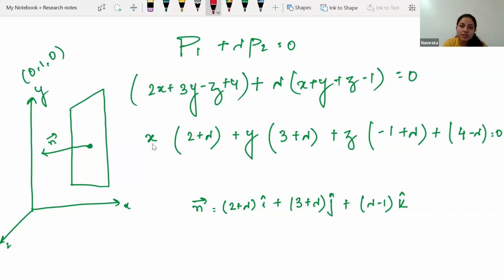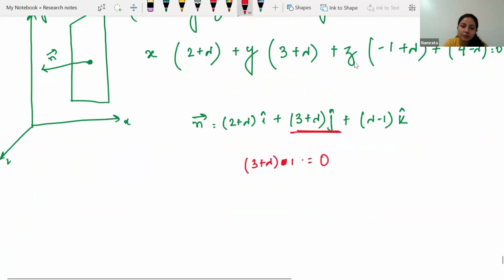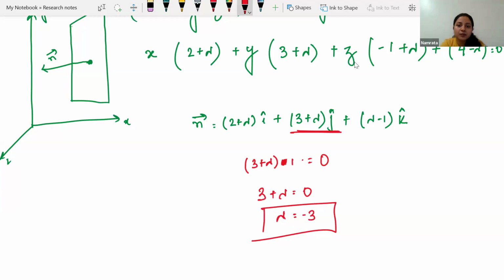That means we will have 3 plus lambda, the j component over here and the j component over there, into 1, dot product equals 0. That means it is just 3 plus lambda equals 0. Lambda equals minus 3. We got the value of lambda from here.